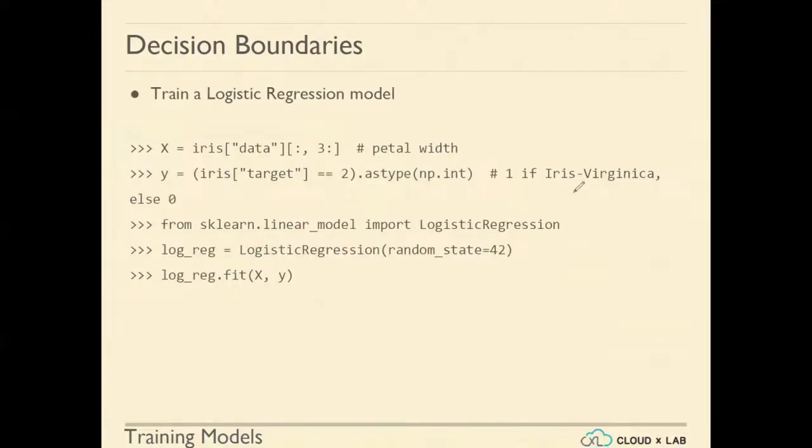So let's say for any given input x, this logistic regression classifier will output two probabilities because there are two outputs, positive class and negative class, label 0, label 1.